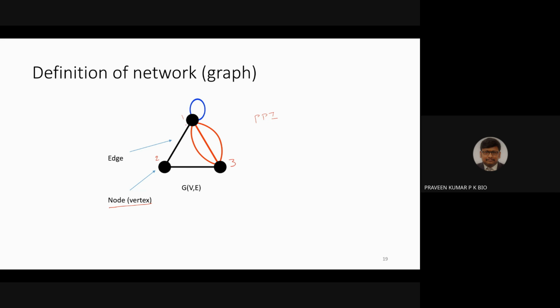The first protein can also interact with itself; this is a self loop. The second protein is linked with the first and third through what we call edges. So if these are nodes, these are edges.